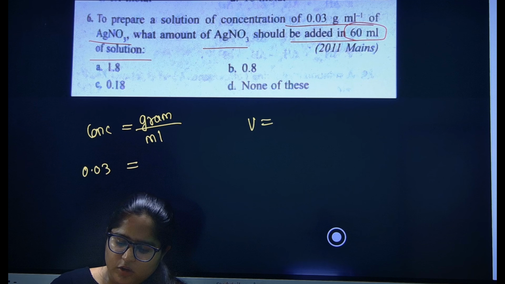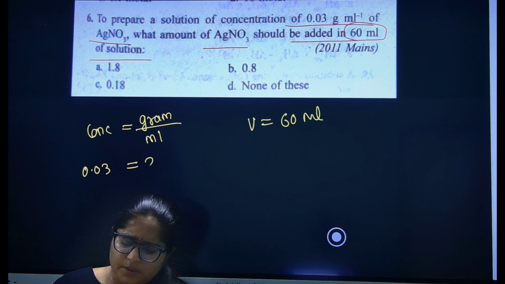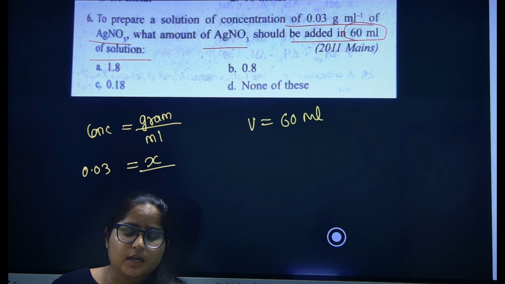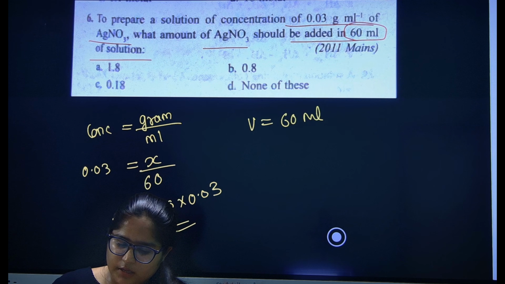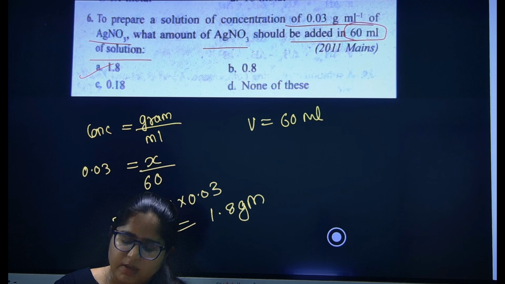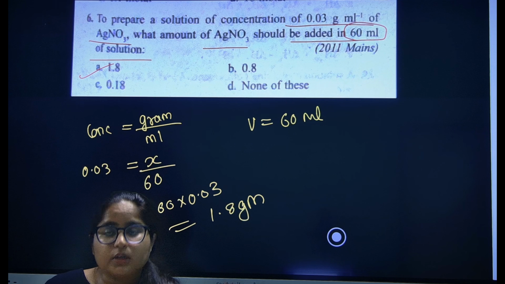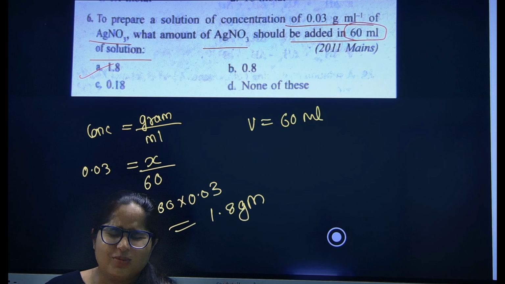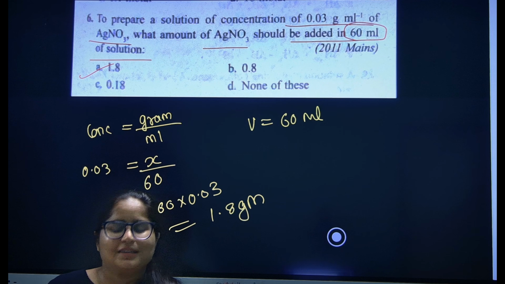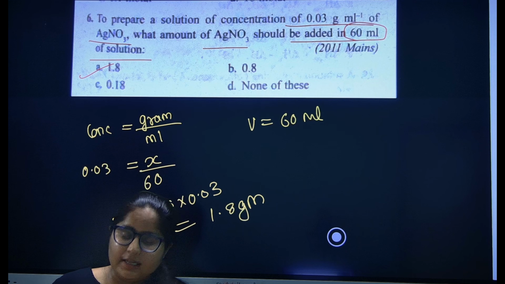They are asking for mass, x gram. So x equals 60 into 0.03, which gives 1.8 gram. Which option? Option number A. So here concentration is expressed in terms of gram per ml, not mole per liter. Okay, now let us solve the next question.